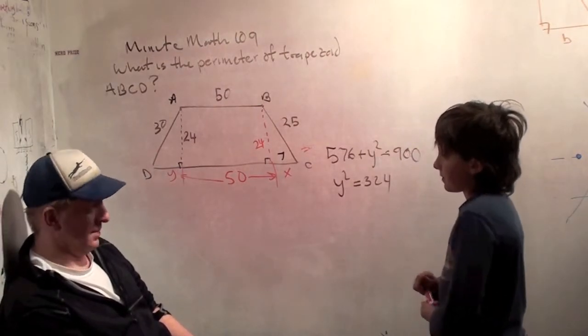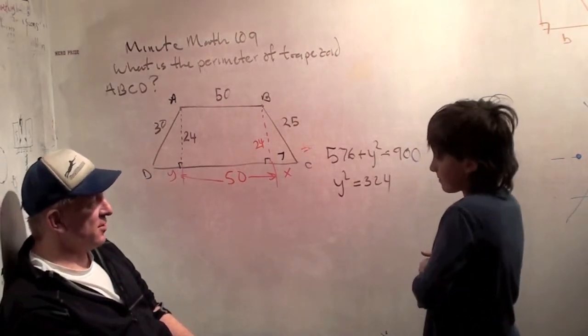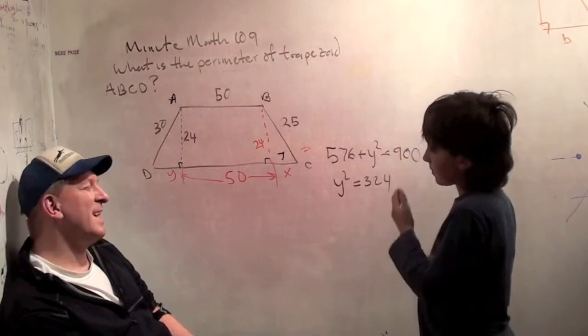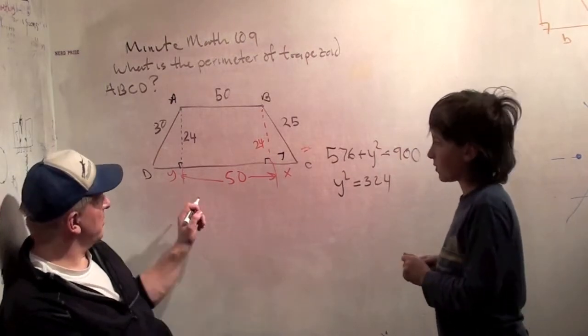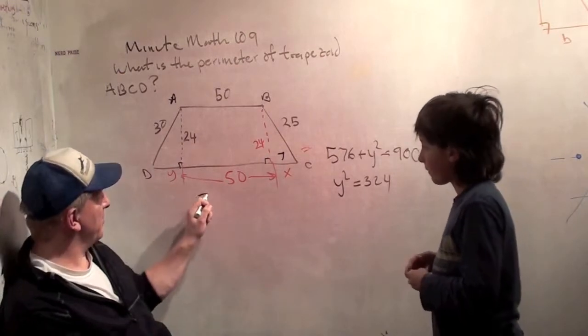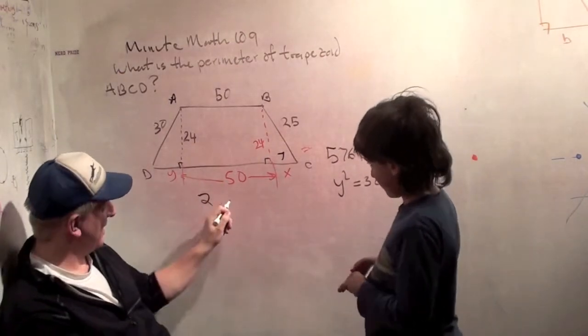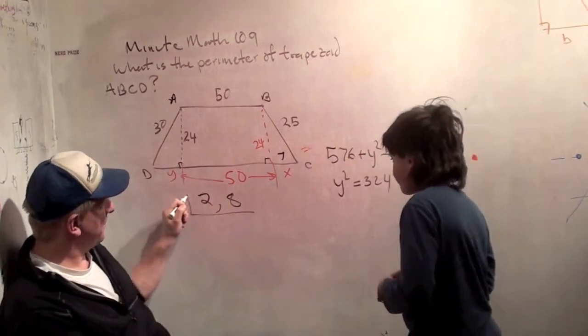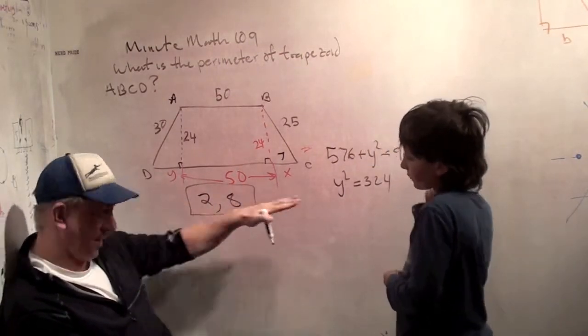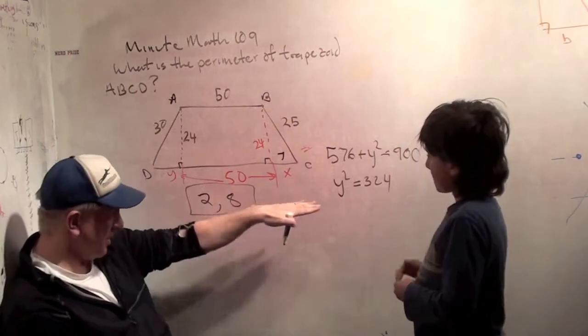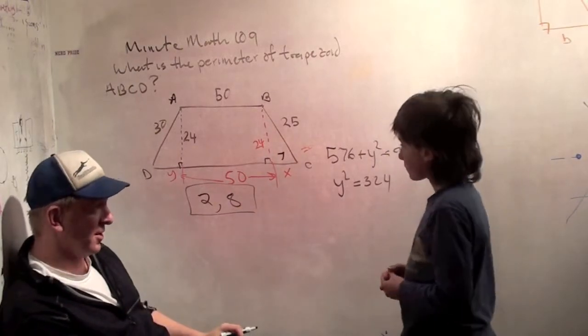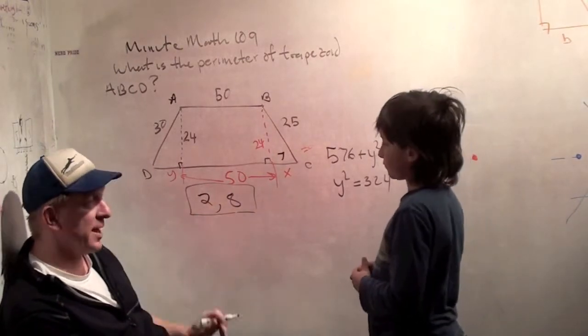It is an integer. What sort of squares end in the number 4? They can end with a 2 or they can end with an 8. So my hint to you is that y squared equals 324 is solved by an integer. It either ends in a 2 or an 8. What do you think it is?